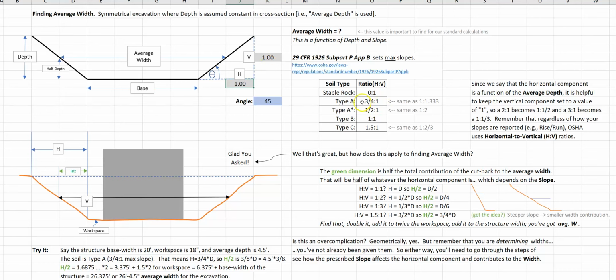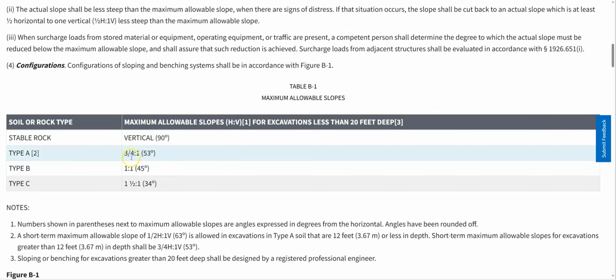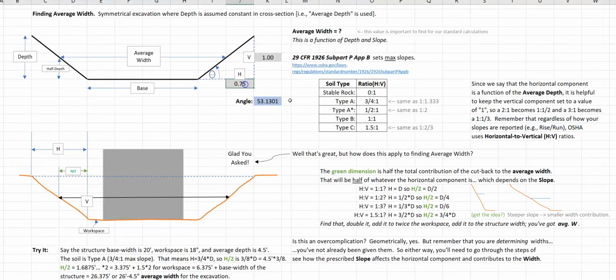But if we set, let's say, 3/4, so it's 0.75 to 1, we're looking at a 53-degree angle, which is in agreement with table B1. If we're looking at a 1-to-1, we're at a 45-degree angle. If we're looking at a type C, a 1.5 to 1, and you see it's just about 34 degrees. So they rounded up to a close approximation.